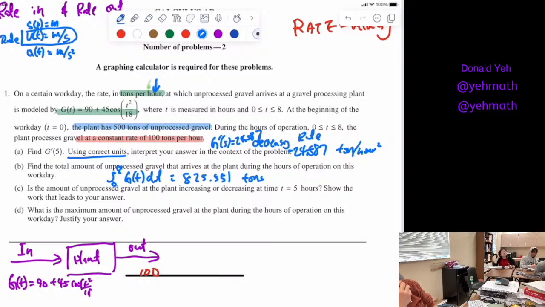C: is the amount of processed gravel at the plant increasing or decreasing at t equal to 5? Now, what's the subject here? The amount. So what am I supposed to plug in here? G of 5, G prime of 5, or G double prime of 5? This is for B. For C?